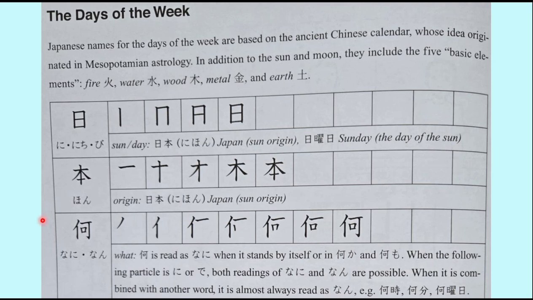So the first one, as you can see here, this symbol, it denotes sun or day. And the readings may be ni, nichi, he, or be. So how to write this character? So when we write any kanji character, we have to follow the fixed guidelines surrounding how to write that character.